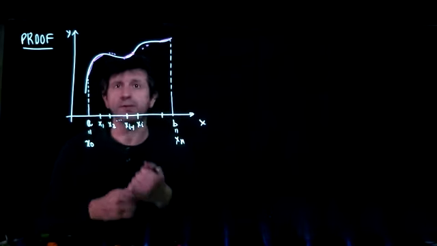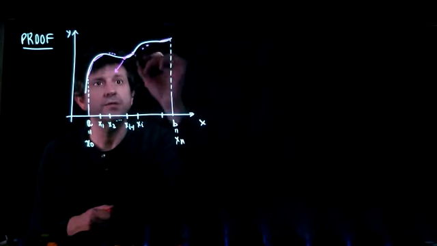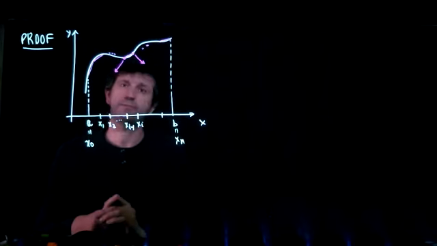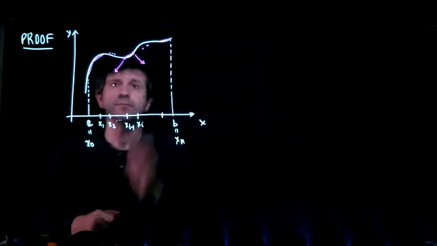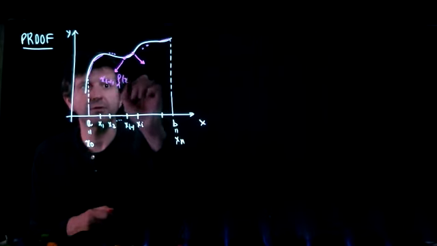So first thing, what is this point here? And then what is this point here? Can you tell me? F of xi minus 1. Exactly, so it's xi minus 1 and f of xi minus 1.